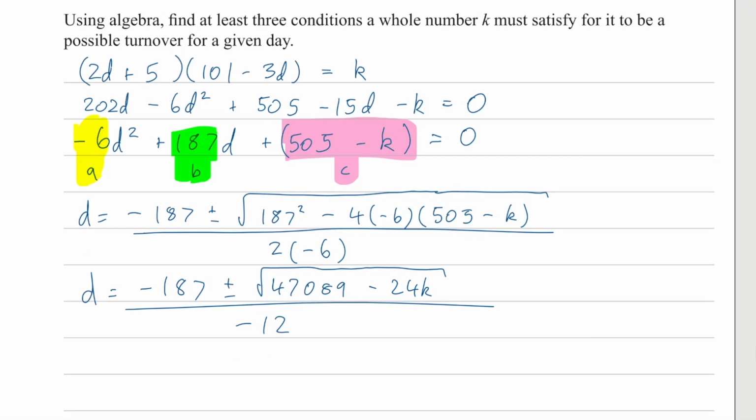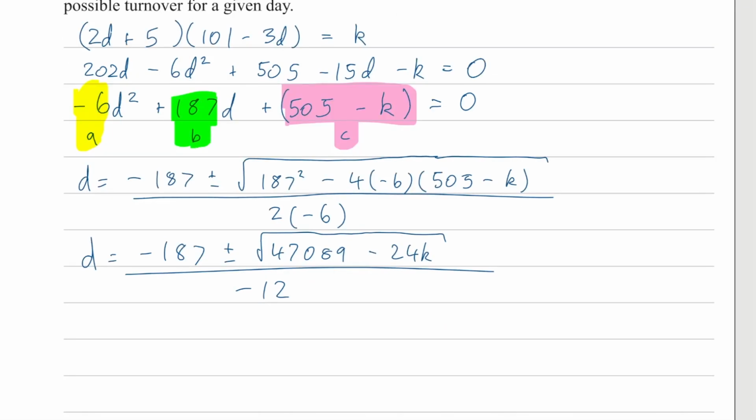Now let's have a think of what conditions we need for this expression to give us a positive whole number for d. So we need 3 conditions. The most obvious one to me is what happens inside the square root.